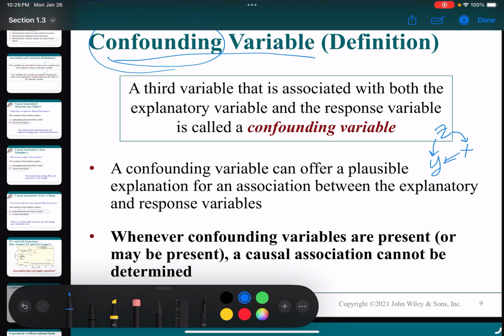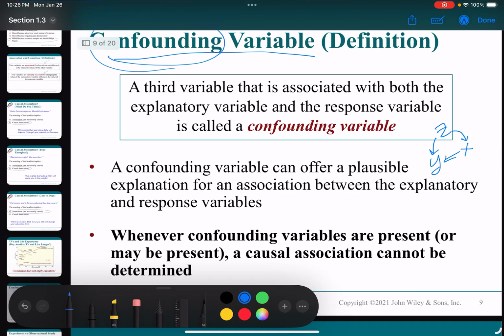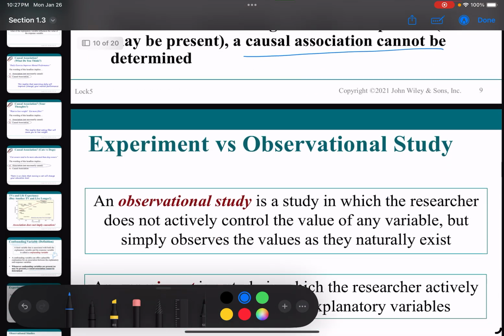So the definition of the confounding variable is a third variable which can be associated with both x and y variables. Whenever a confounding variable occurs, we cannot determine the causation. So we don't have causation, just associations.